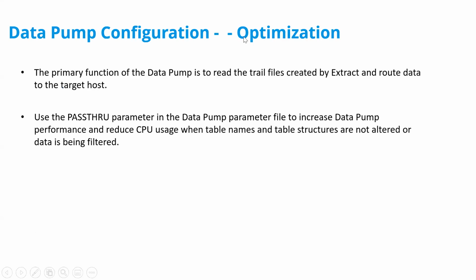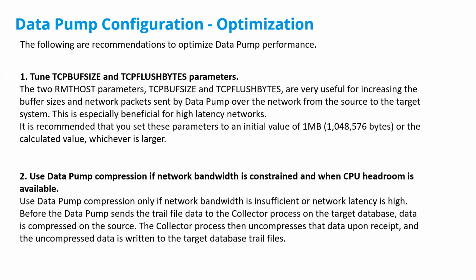Then data pump configuration. How can you optimize your data pump? The primary function of data pump is to read the trail files created by extract and route data to the target host. You can use the pass-through parameter to increase data pump performance and reduce CPU usage when table names and structures are not altered. There are also parameters like TCP buff size and TCP flush bytes, which define how much data can be sent from source to target.